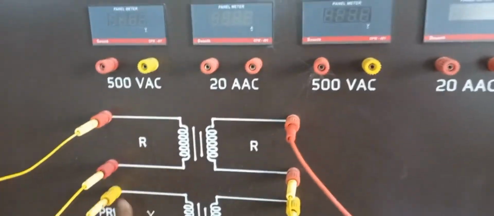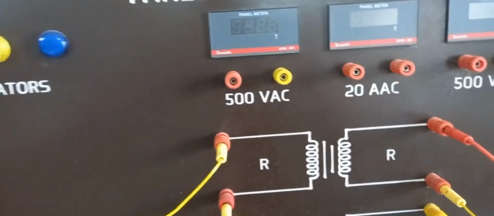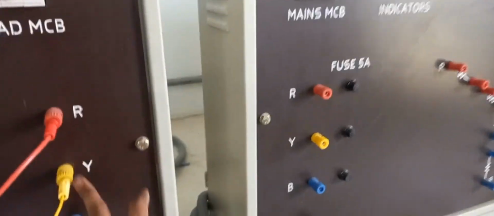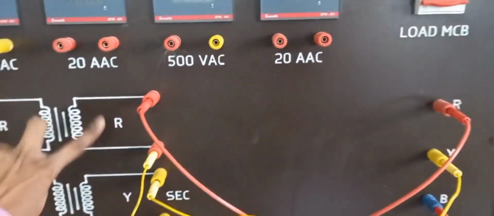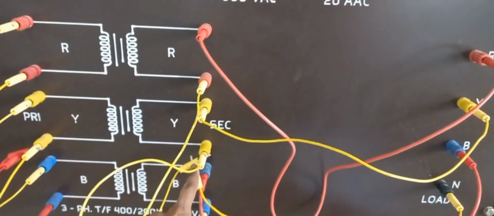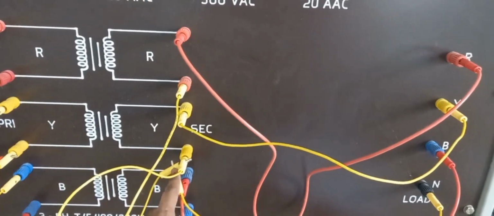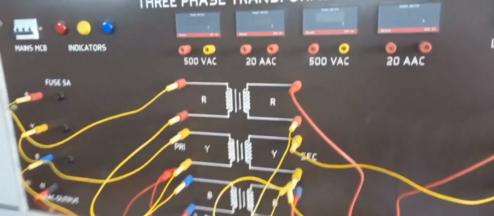Then R, Y, B, all three phases' first terminals are connected for source R, Y, B, and here load R, Y, B, and the neutral point is connected for the secondary side, only for the second terminal of the Y phase. Okay, so this is the way of connection.